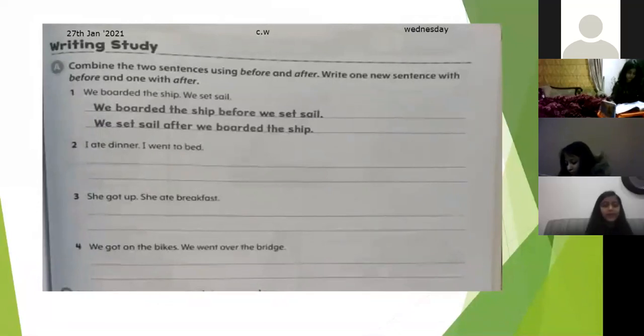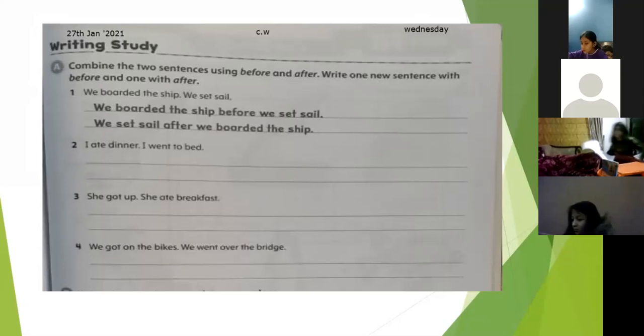As I told you, when you will use the word before in the sentence, then the first sentence will come at first, second sentence will come in the last. But when you will be using after in the sentence, then what will happen? You have to use the last sentence at first and first sentence in the last. How? I ate dinner, I went to bed.